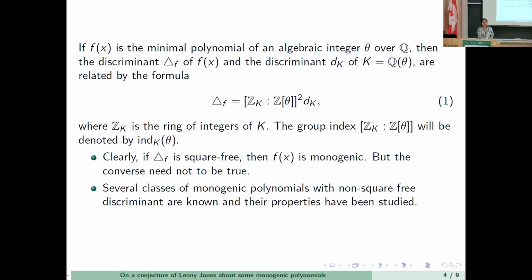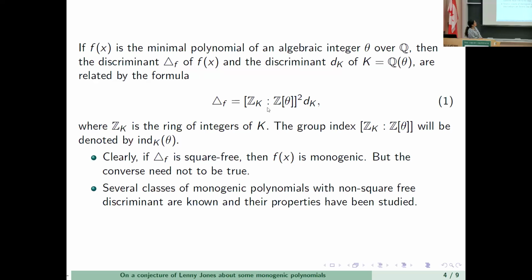In monogeneity, the discriminant is an important tool which can help us characterize the given field as monogenic or non-monogenic. The discriminant of a polynomial f(x) and the discriminant of the field K = Q(theta) are related by this formula. This quantity, which we call the index of the field K, gives us the size of the ring, like how far the ring of integers is from being monogenic.